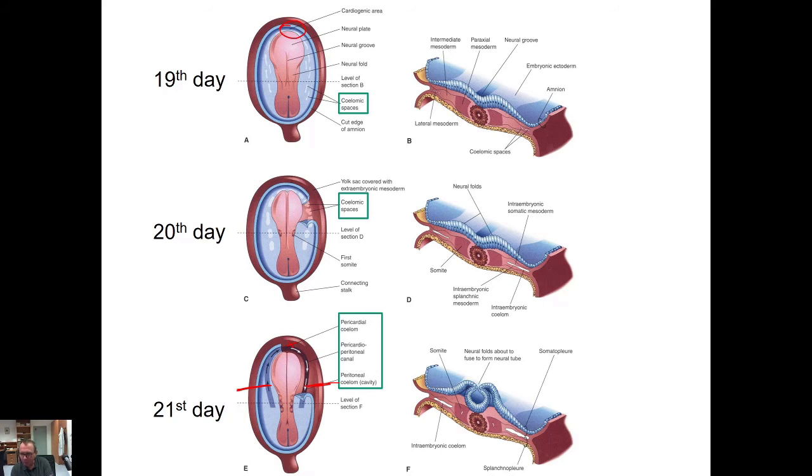This intraembryonic coelom will develop during the embryonic period into several other cavities. It will give rise to pericardial cavity, it will give rise to peritoneal cavity, and these pericardial and peritoneal cavity will be connected by pericardio-peritoneal canals in both sides. There are two canals which transform later into pleural cavities.